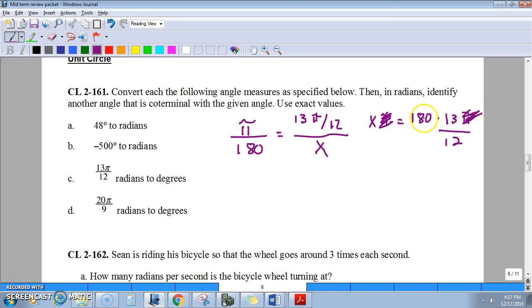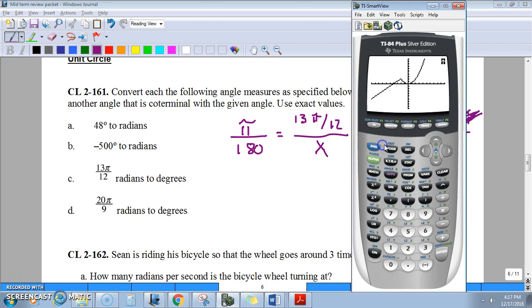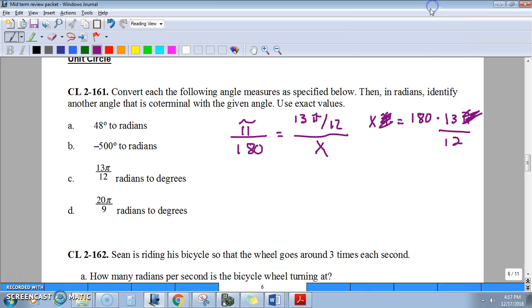And then 180, is 180 divisible by 12? Could be. It would make it nice if it was. 180 divided by 12. Cool, 15. So that just means I have 15 times 13, which is equal to 195.